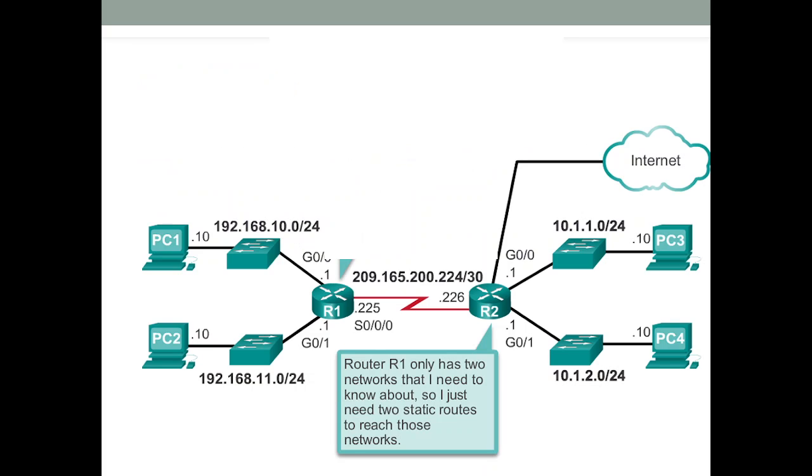Now, if you look at this topology, you can see we have PC1, we have PC2, these are two switches. We have two routers, router 1 and router 2, and also we have these other switches, and we have our internet.